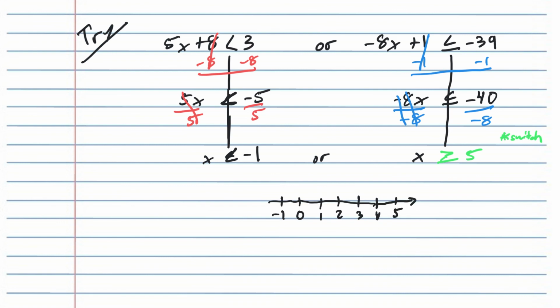At negative 1, there should not be a bar. Oh, that was a mistake on my part. So open circle at negative 1, and it's going to the left. And then on the right side, greater than or equal to 5, it does have the bar, so it should be closed, and it should be going this way.